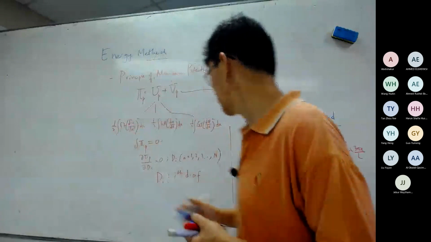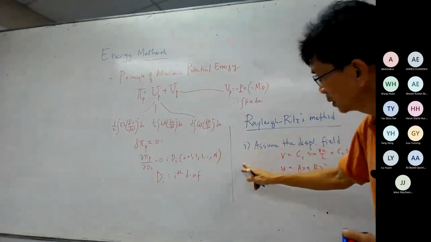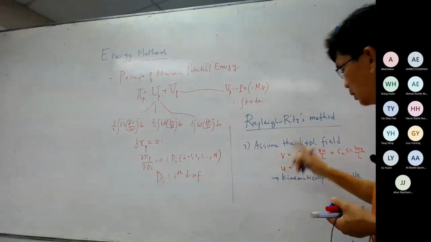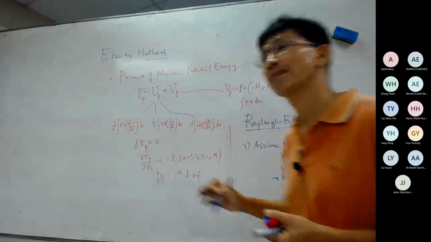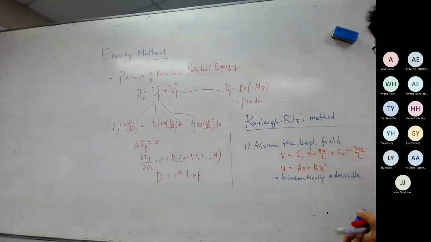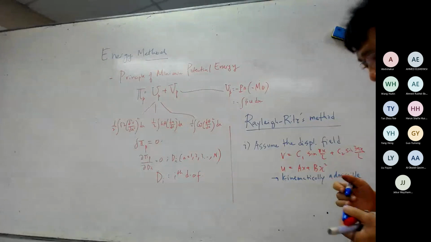When you substitute x corresponding to the location of the boundary, it must give you the value which represents the boundary. If it is fixed, then you substitute x equal to 0, and u must be equal to 0 when you are substituting in the displacement field. So this is called kinematically admissible.